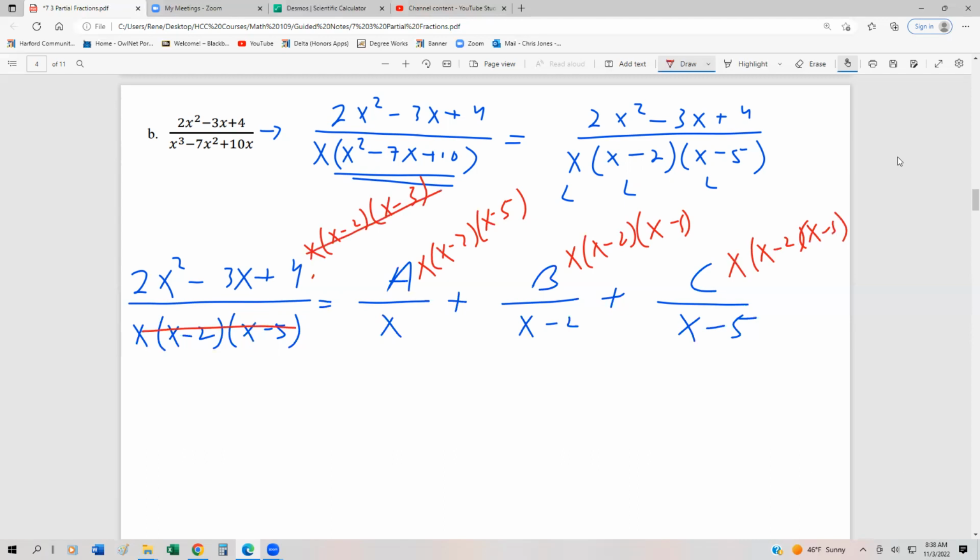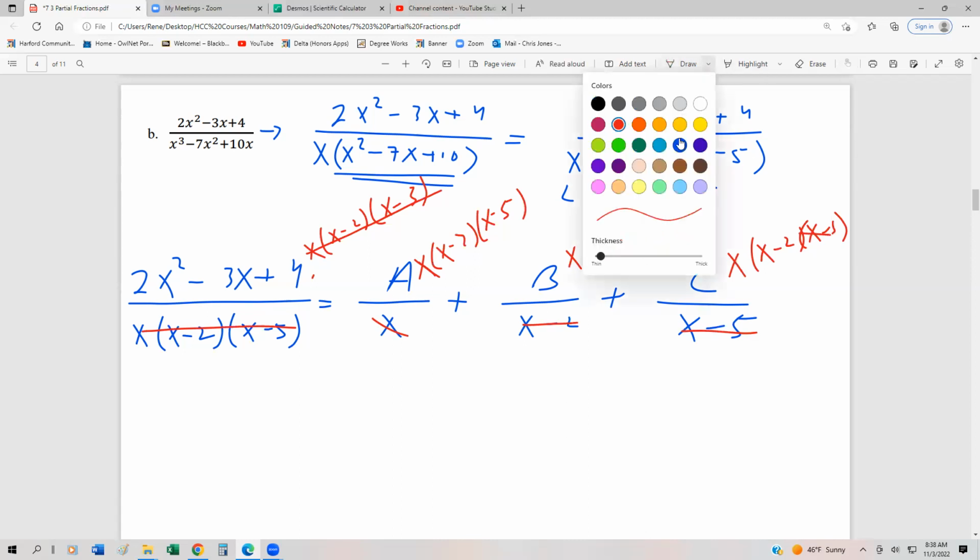Everything cancels on the left-hand side, and we're just left with the original numerator. Over here, the x's cancel out, the x minus 2's cancel, and then the x minus 5's cancel. So here's going to be the resulting equation.